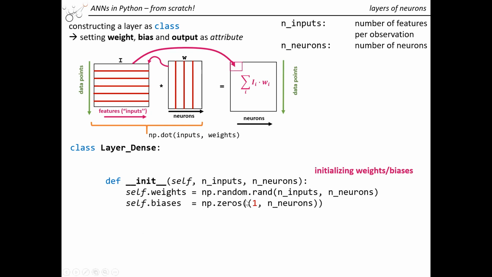But you can also do this with np.zeros. So the syntax is just slightly different because you have to give the shape of the matrix. In our case, it's a 1 times n neurons vector, because every neuron has one bias. So that will be a vector where the number of columns corresponds to the number of neurons.